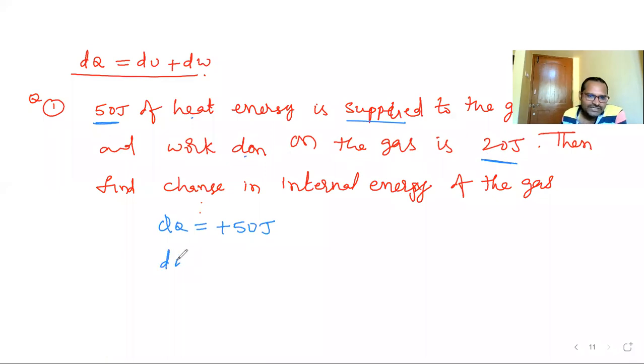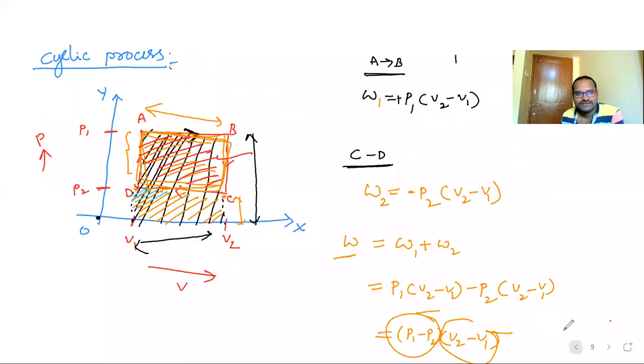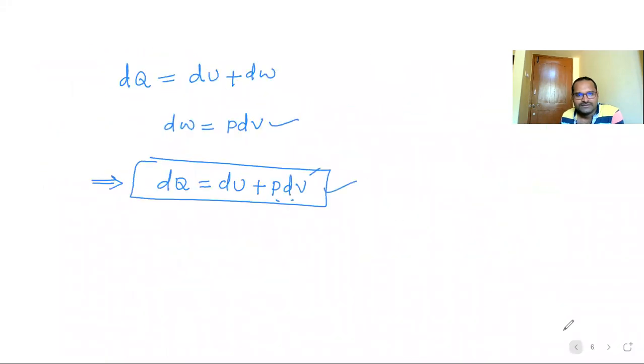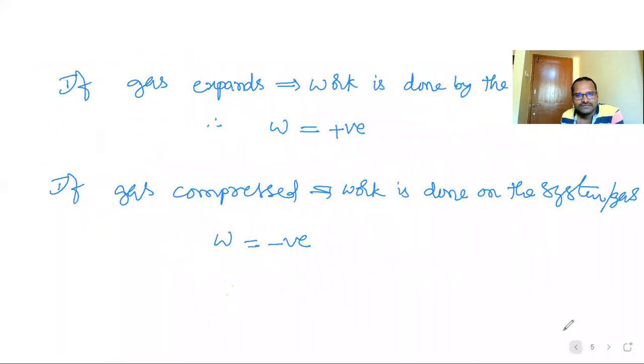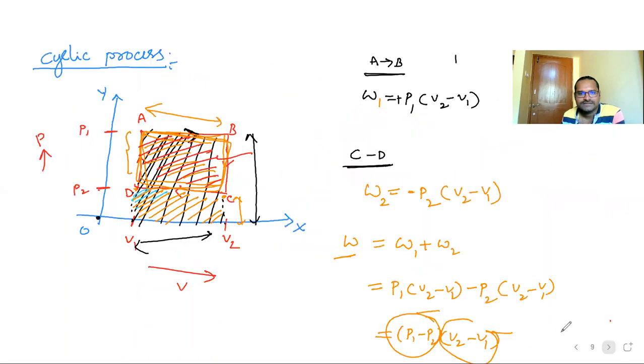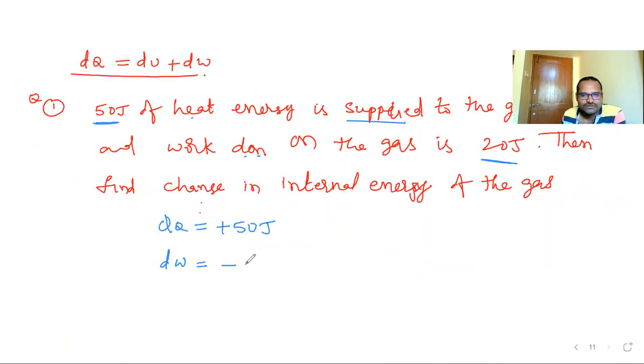So this work done, should we take it as positive or negative? We should take it as negative because it is work done on the gas. See here, I have written: work done on the system is negative. Clear? So it is negative, 20 joules.